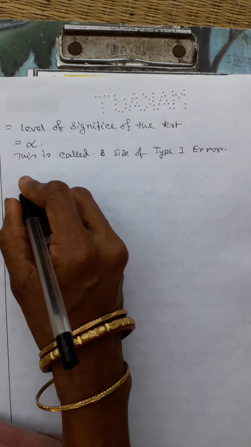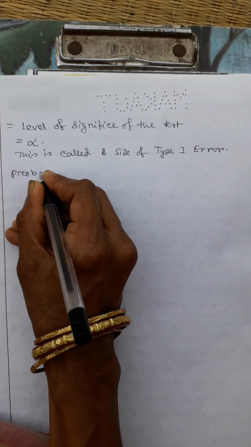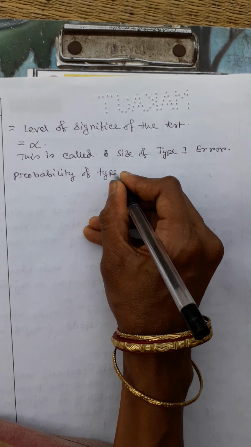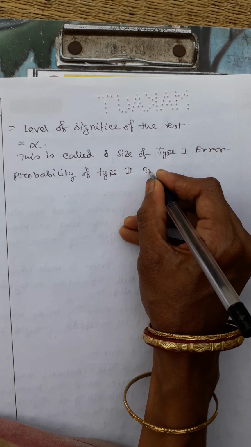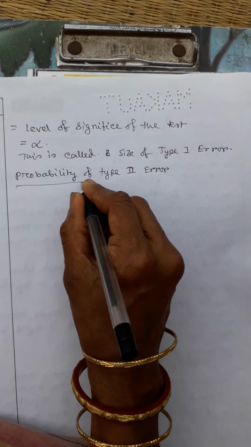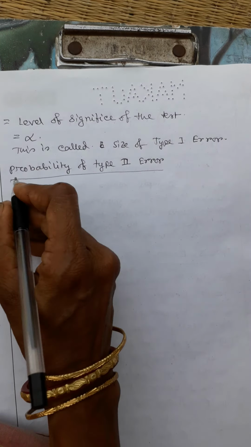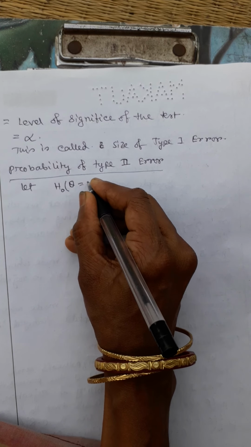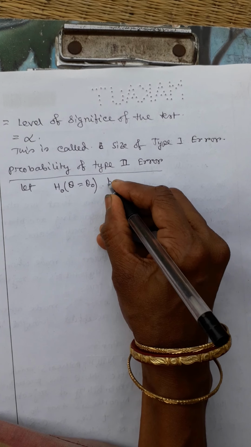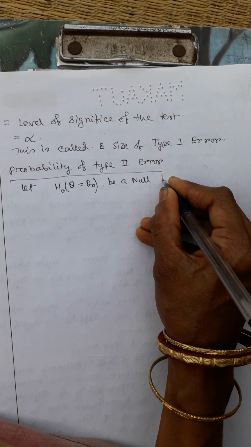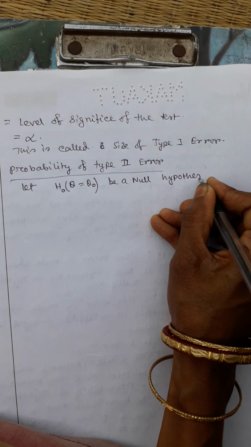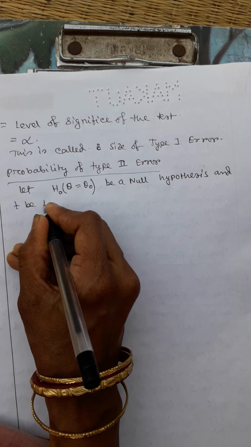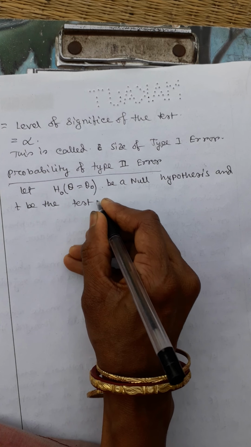Now, probability of type 2 error. Let H0, theta equals theta 0, be a null hypothesis and T be the test statistic.